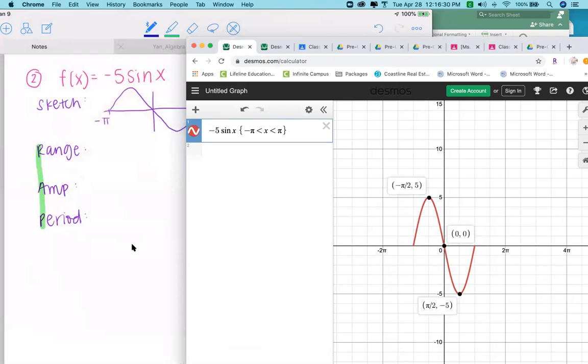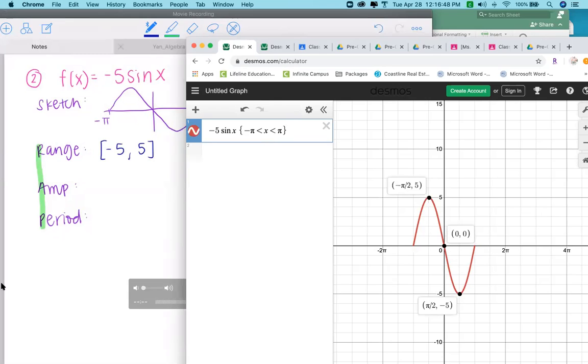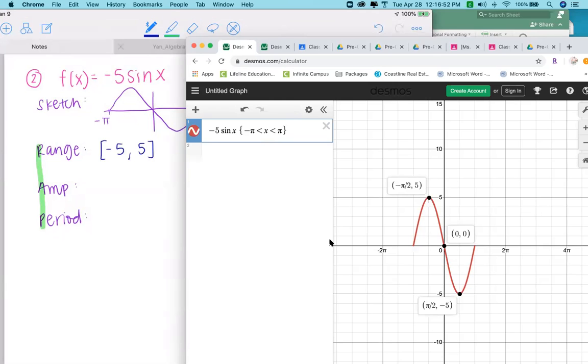Again, range is the lowest value to the highest value. Negative 5 and 5. That's it. If we have the middle line right here on the x-axis, then how far up do we go and how far down do we go? 5. 5. So this is your answer.